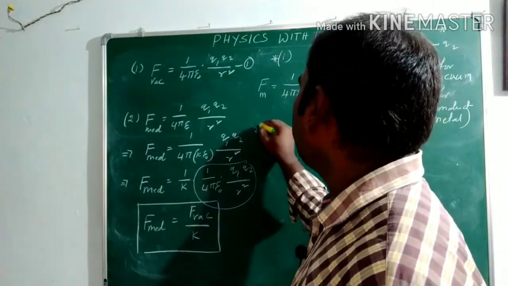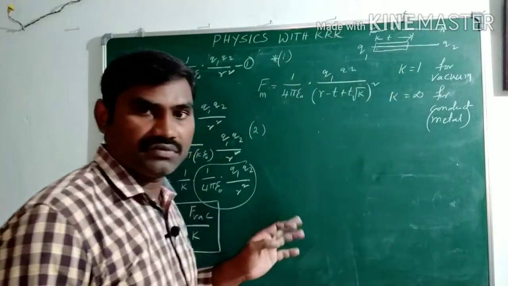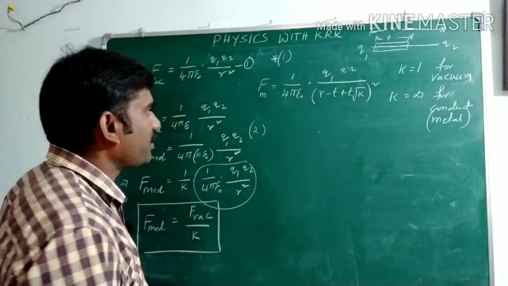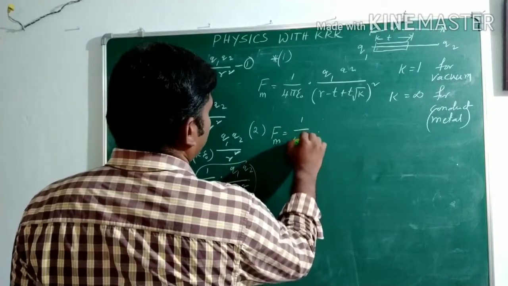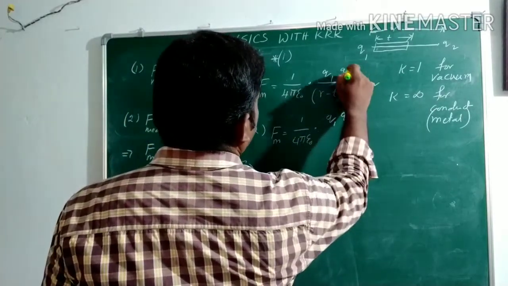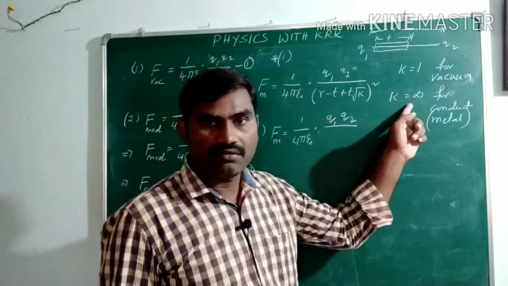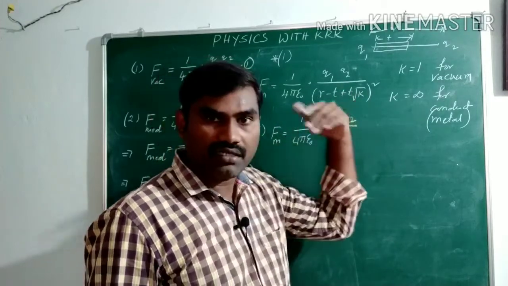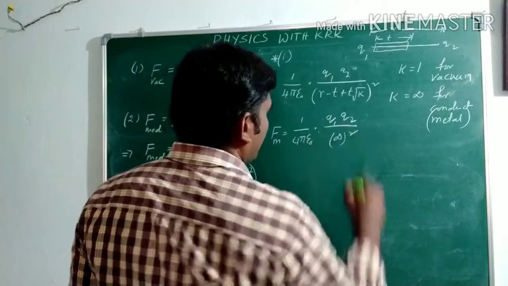Now in the second case, instead of this dielectric slab, they introduced a conducting slab. Then what happened? F medium will be equal to 1 by 4 pi epsilon naught Q1 Q2 by, so what is the value of k for metal? It is infinity. So if anything is added to infinity, again you will get infinity. That means this will be infinity whole square.